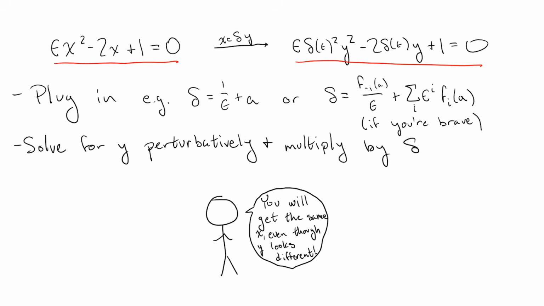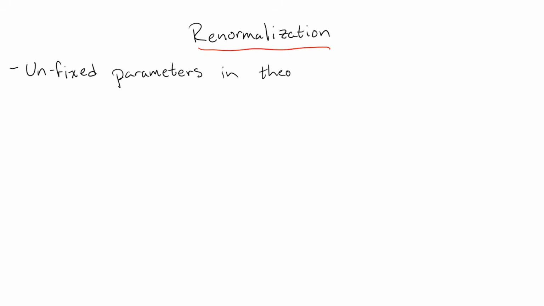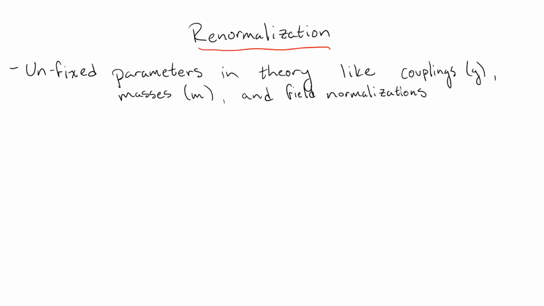Okay, so what does all of this have to do with renormalization? Well, it turns out that this whole discussion is almost exactly the same as what we do when we renormalize a theory in particle physics. See, in our theories, we have a certain number of parameters which are not fixed by the theory itself. These tend to be things like coupling constants between fields, masses of particles, and field normalizations.